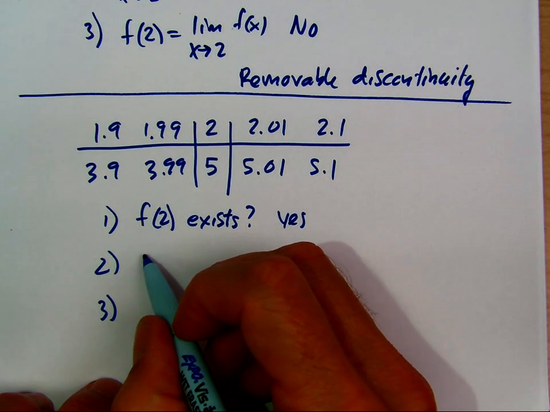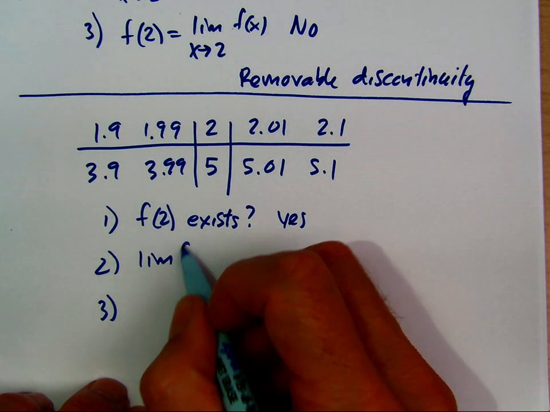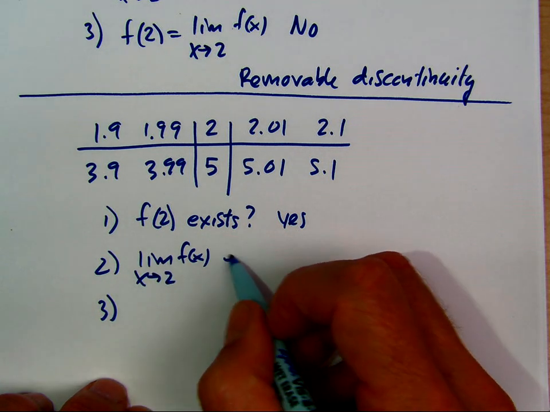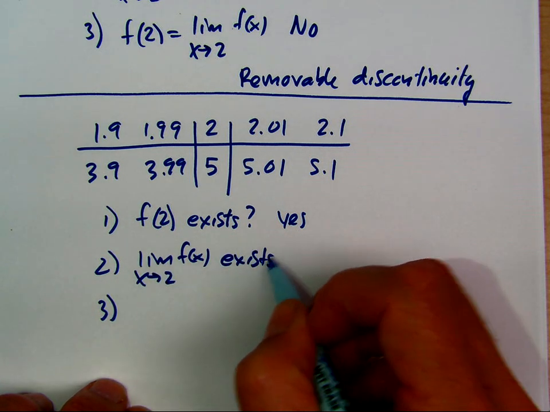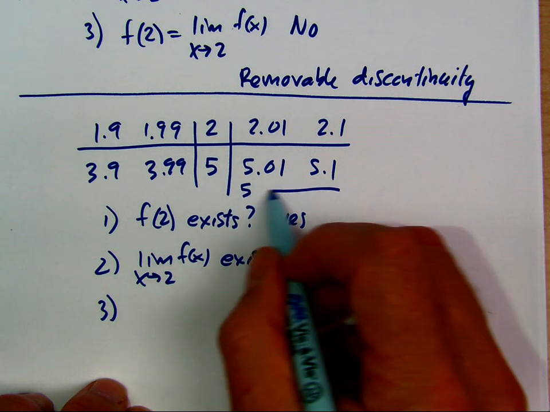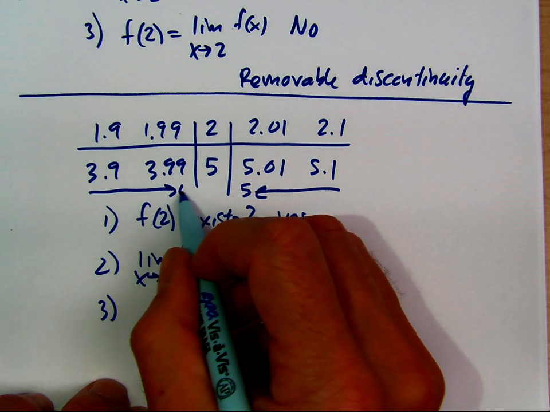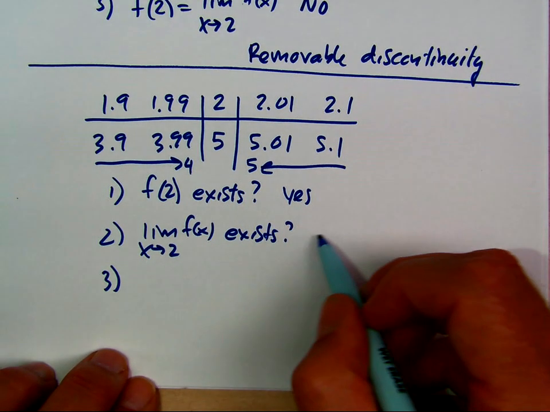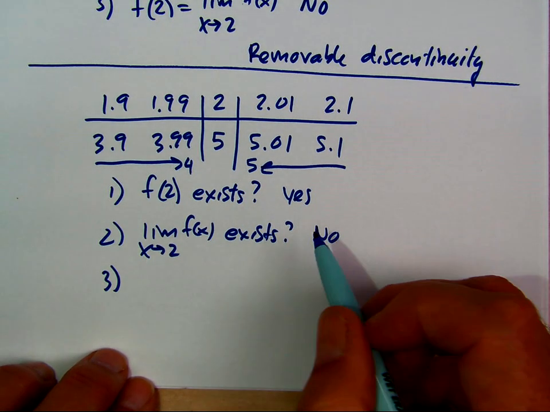Let's do the limit of f as x goes to 2 exists. This is going to 5. This is going to 4. So because these are different numbers, the limit does not exist at 2.